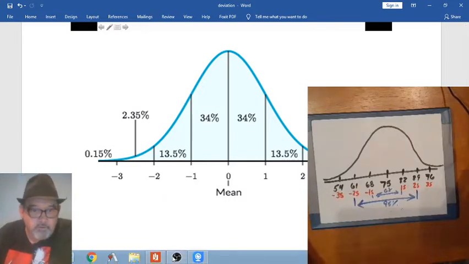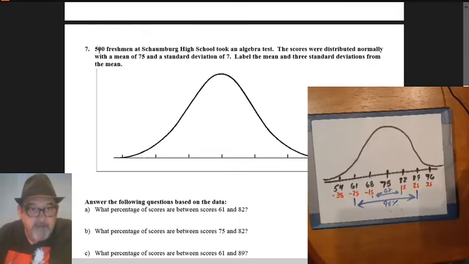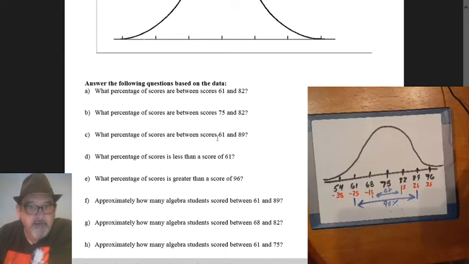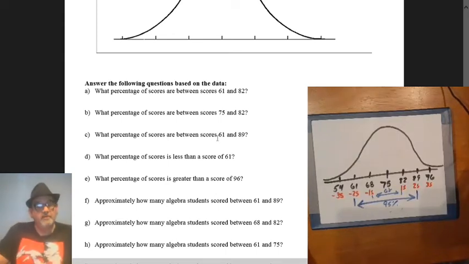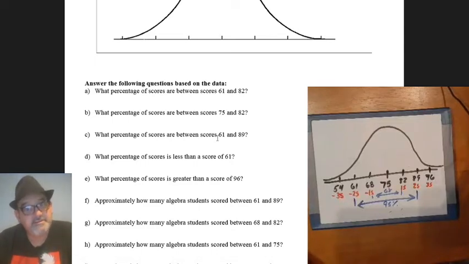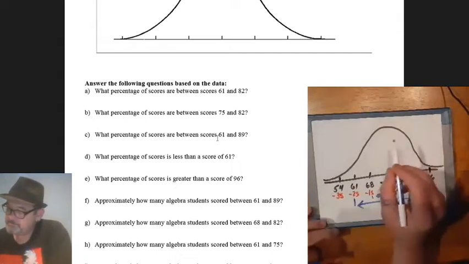Let's go back to that word problem. How many kids took the test? 500 of them. So what is 95% of 500? How do you multiply a percent times a number? You change the percent to a decimal. How do you change it to a decimal? 95%.